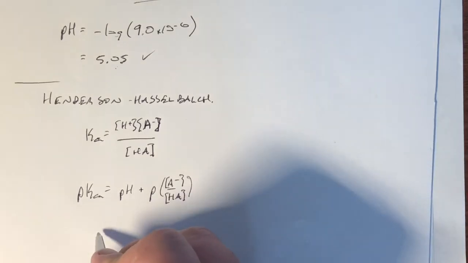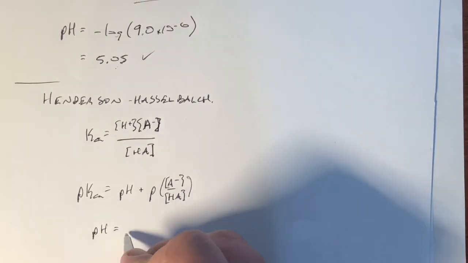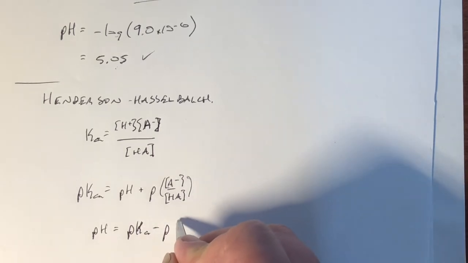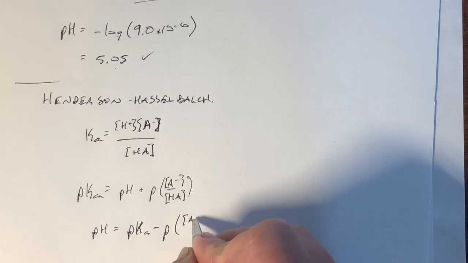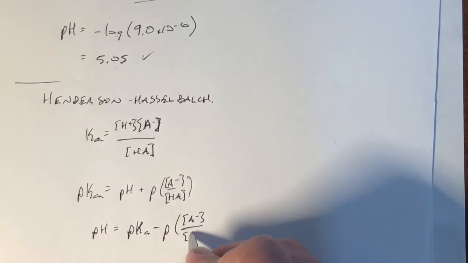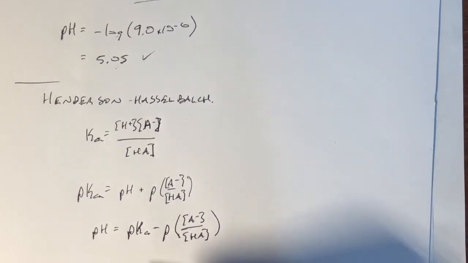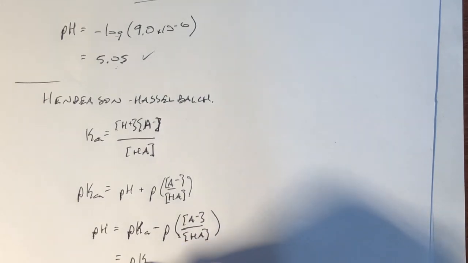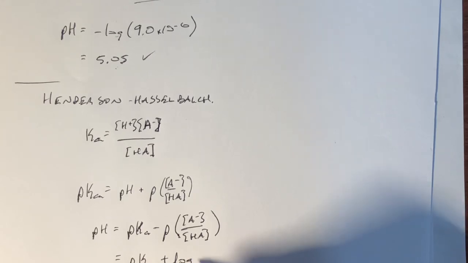And if we rearrange that, we can have that the pH equals the pKa minus the p function of concentration A minus over concentration HA. And then for reasons that probably had to do with slide rules and whatnot, we can get rid of the negative p function and just call that a log, but do the same thing, A minus over HA.